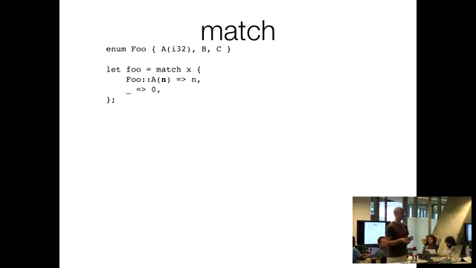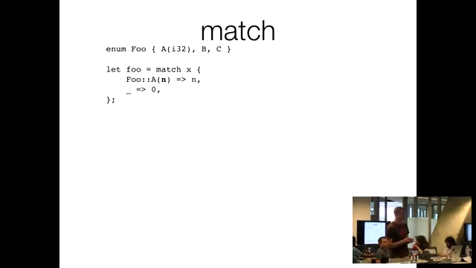So we've changed the enum a little bit. Now the A variant takes a value with it. X is meant to be a Foo here, so we've got 3 options. Either it's an A, or it's a B, or it's a C. And if it's an A, then it's carrying with it a 32-bit integer.